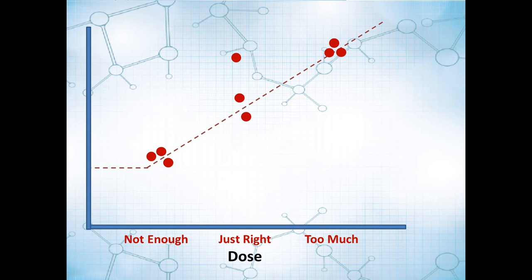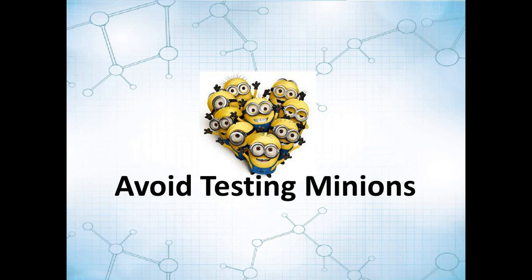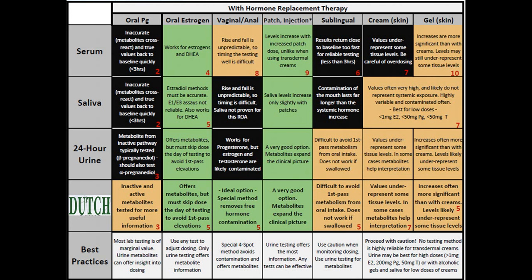And likewise, if you're getting a value that's lower than what's really going on, that's not good. So in those cases, we've got false lows and false highs, and we need to watch out for those. So we need to avoid these situations where the lab values are misleading, which we just refer to as our testing minions.